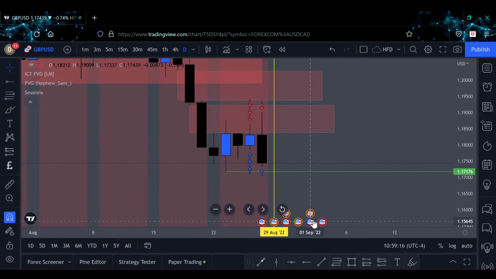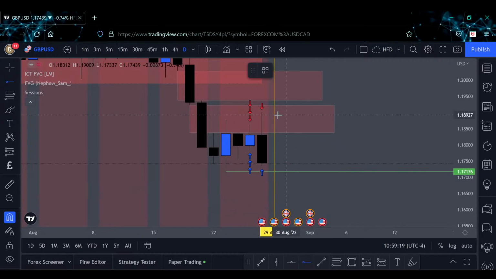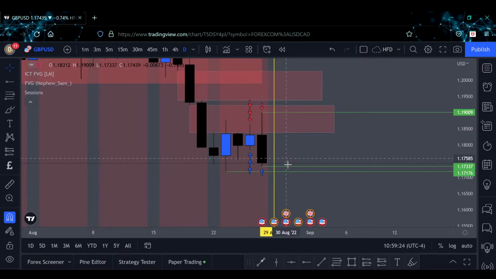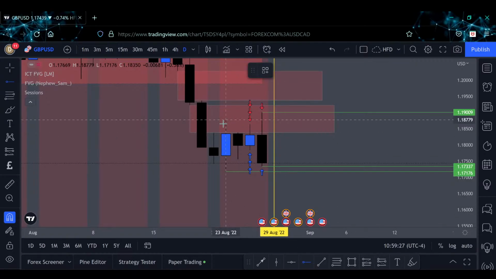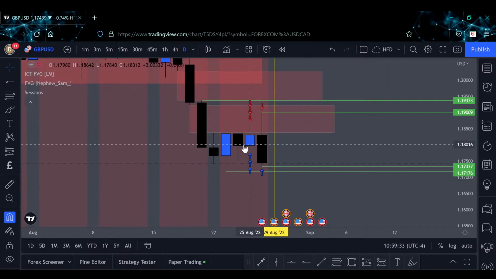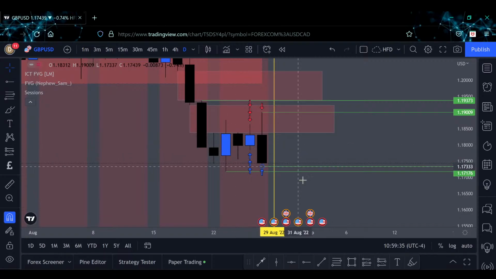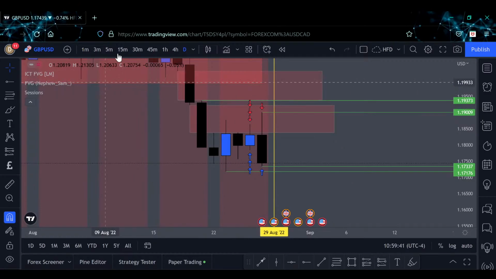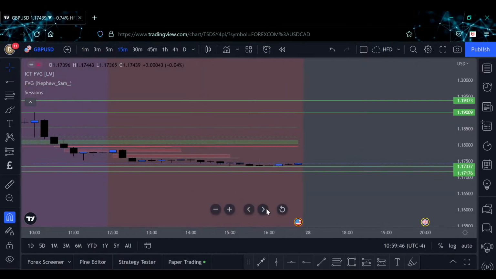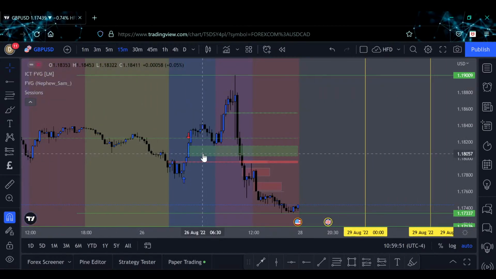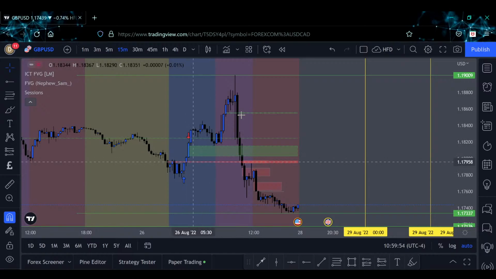So GBP/USD. Yeah, I'll be taking this. That's what I want with. I don't know how much data.